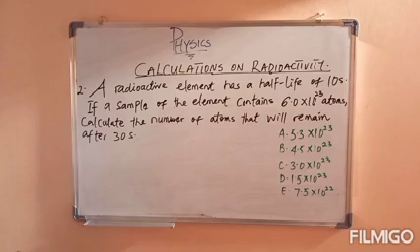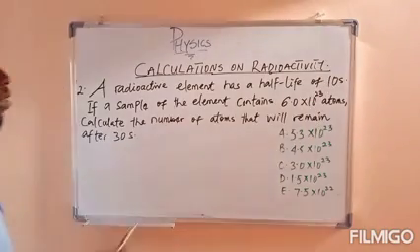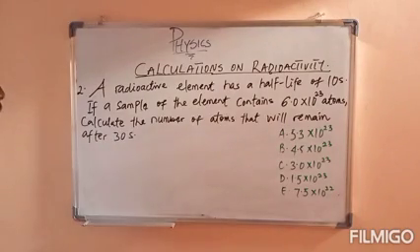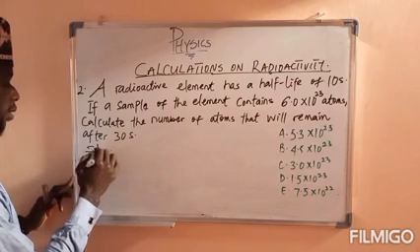Remember in question 1, I told you that your time of disintegration is always bigger than the half-life. So from that, you should know that here is your half-life, which is already stated, and this is your time of disintegration. As usual, let us bring out our data.